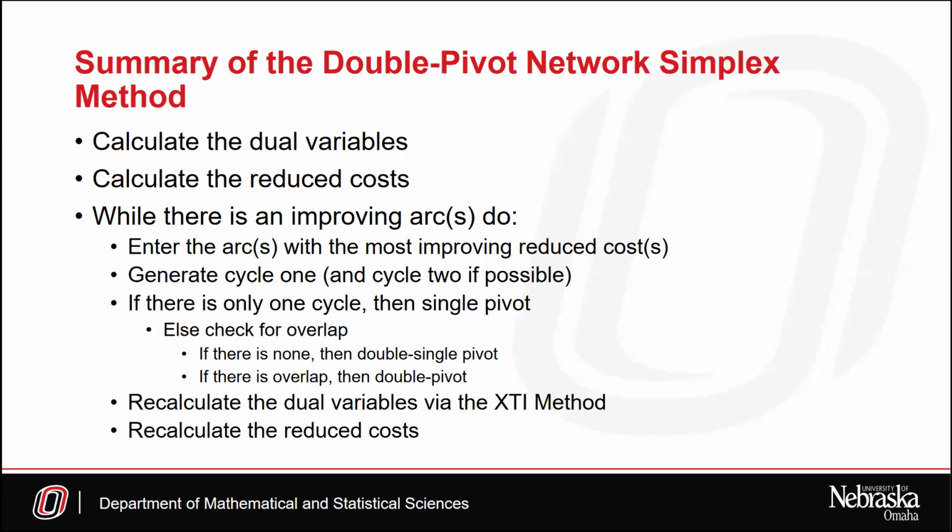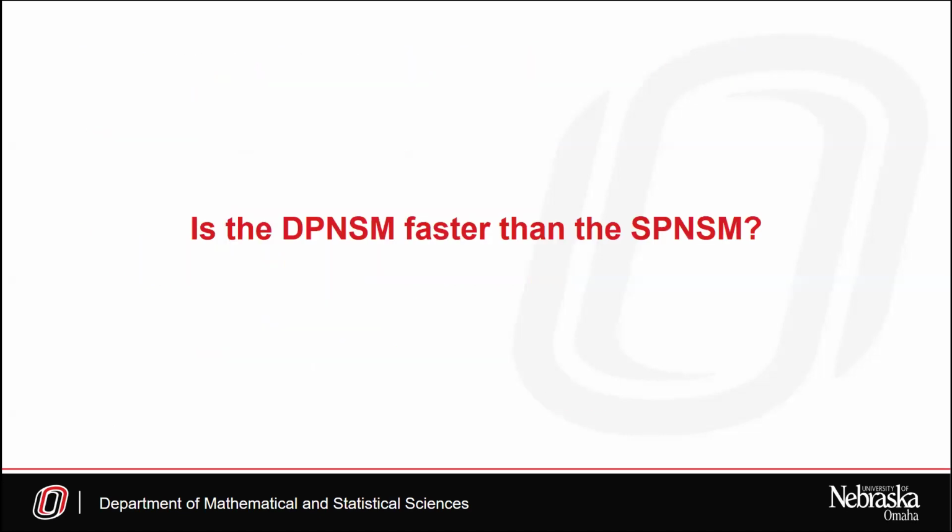Else check for overlap. If there's no overlap, it's effectively possible to just double single pivot those arcs respectively. That means just enter two arcs and leave two arcs using single pivoting methods as you would. If there is overlap, then do the flow change procedures as described, and then recalculate the dual variables sequentially with the XGI method, and then recalculate the reduced costs.